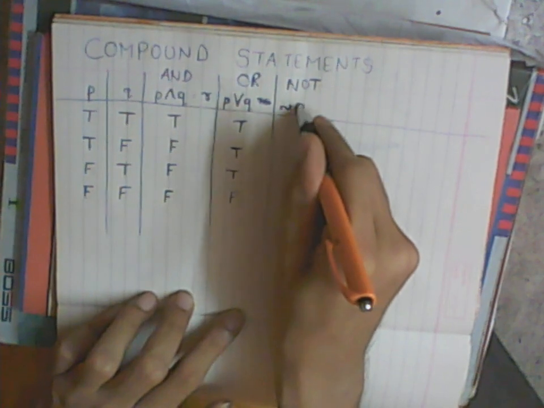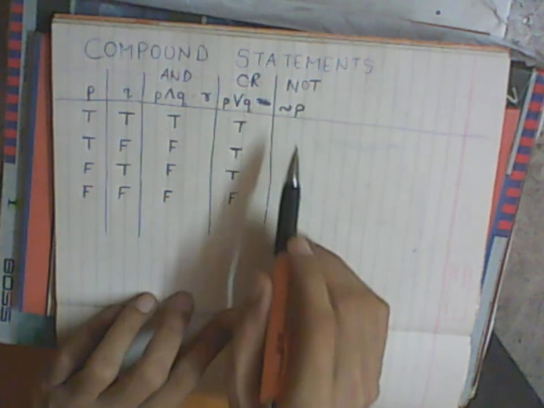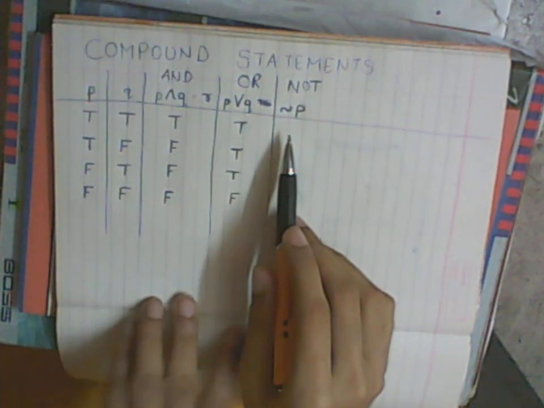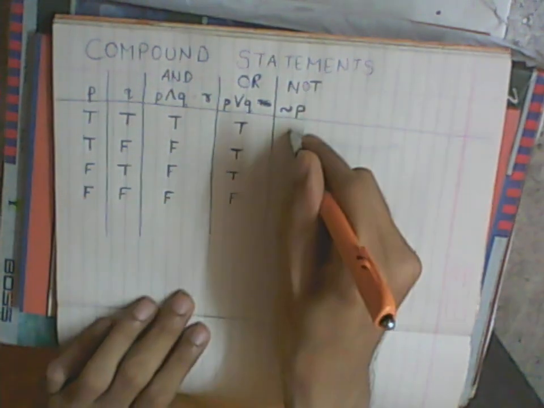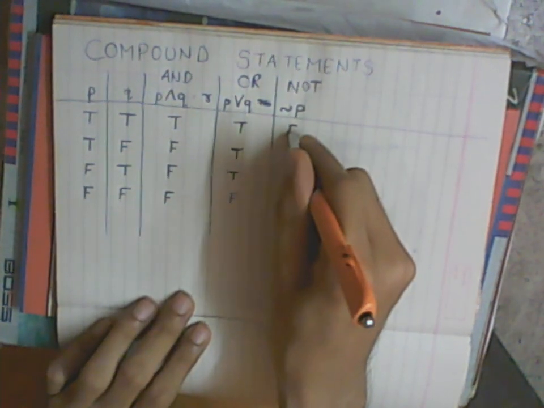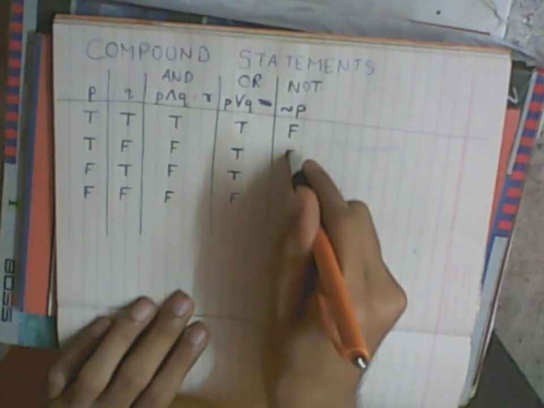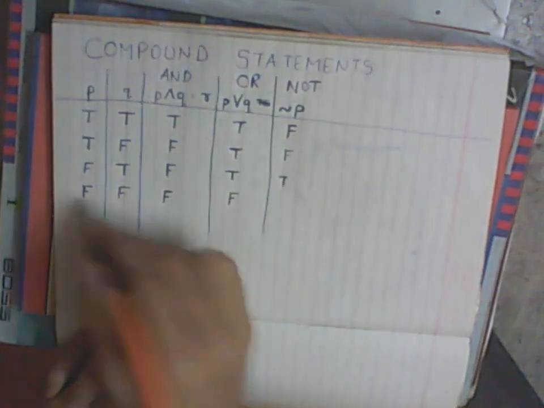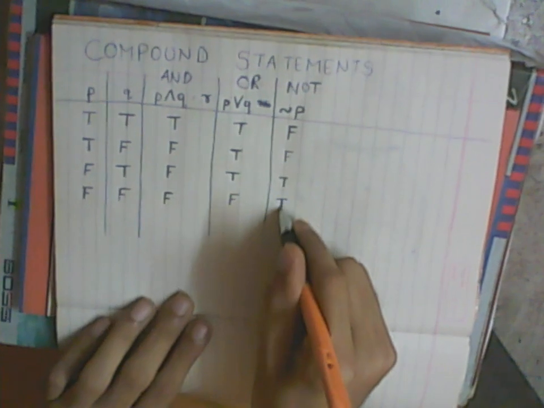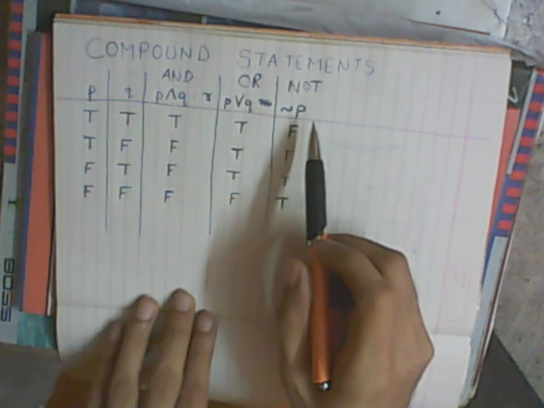So I can say tilde of P, or not P, and it basically evaluates to the opposite of what your statement is. If your statement P is true, then this will evaluate to false. If your statement is false, then not P will evaluate to true. You can do this with not Q as well. I've just taken this as an example.